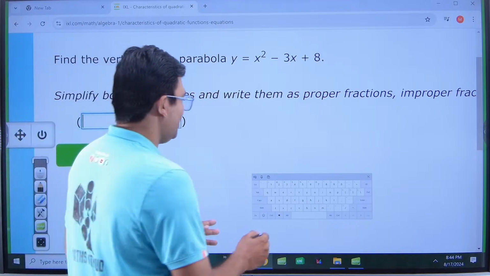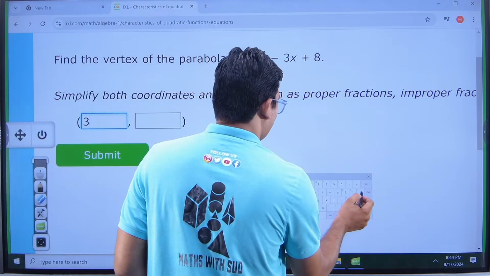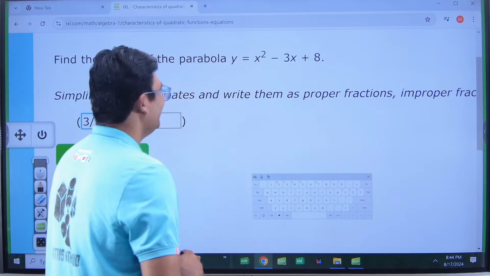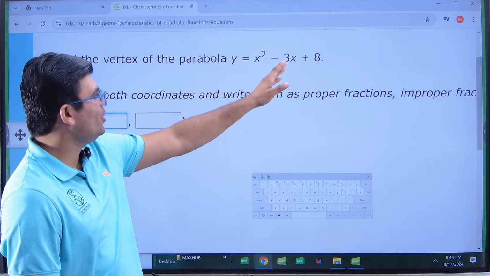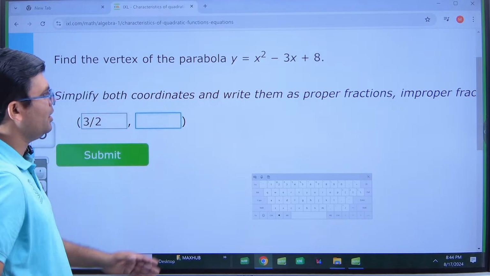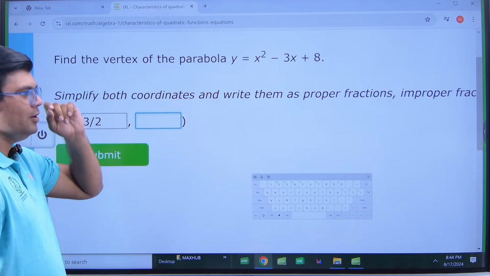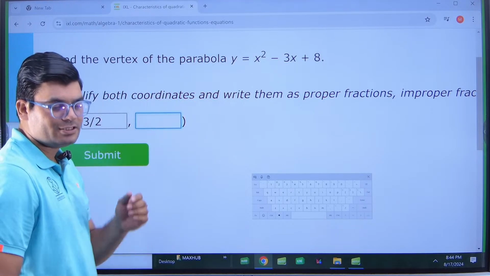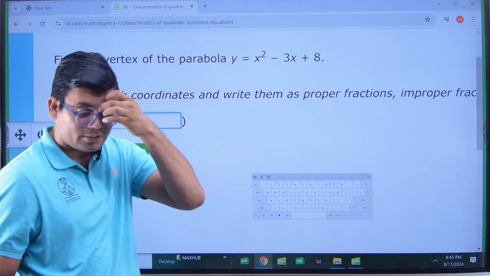Okay, 3 by 2. Nobody is asking you that you can crack decimals as well. So minus b upon 2a, that is minus of minus 3 upon 2, that is going to be 3 by 2. And for this you will have minus times b square minus 4ac.